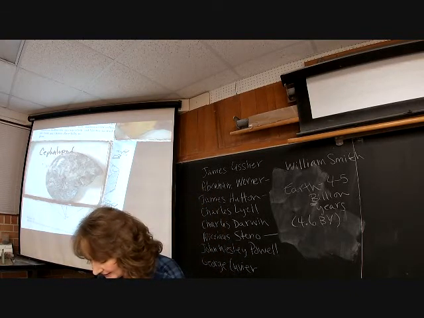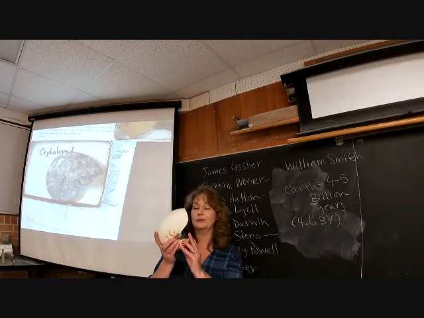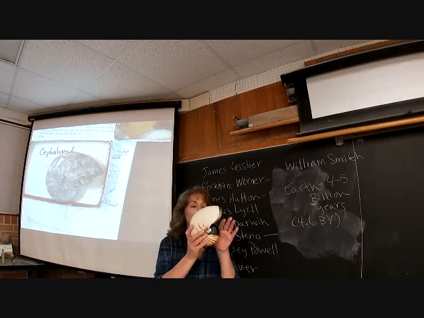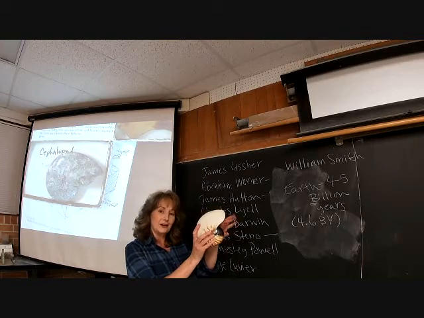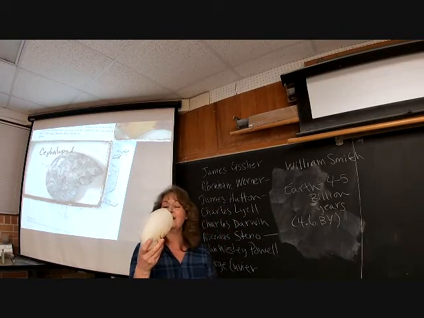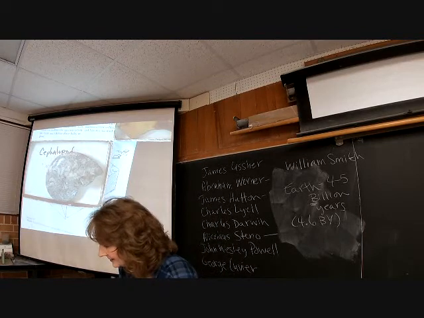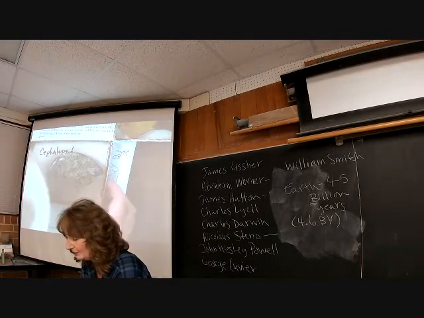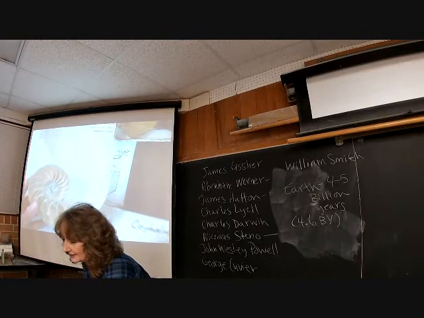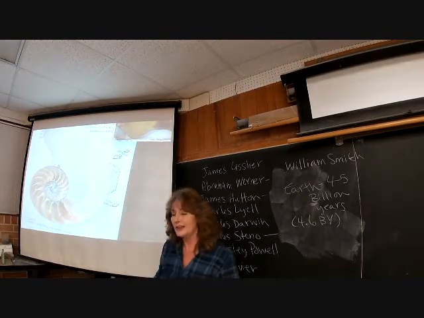Here's a nautilus, a much larger one, where you'd have the organism's little tentacles out here, and then it would propel itself along. I've got one that's cut open here. You can see inside of that the chambers.